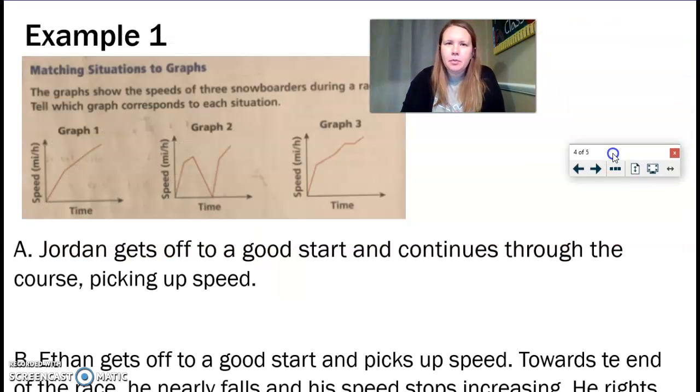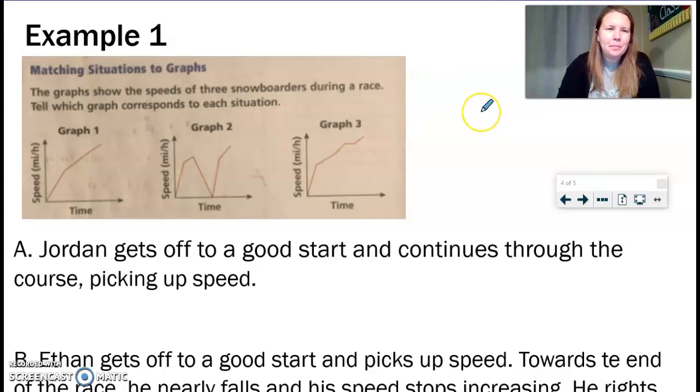Alrighty, so example 1, again, I took the graphs from the book, is all about matching situations to a graph. It says the graphs show the speed of 3 snowboarders during a race. Tell which graph corresponds to each situation.